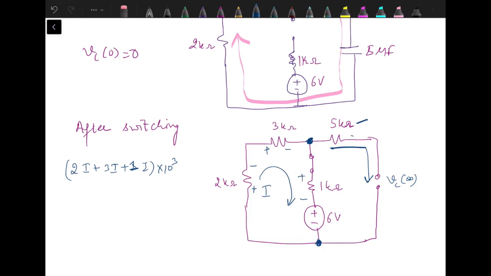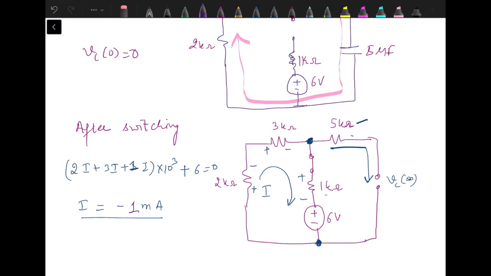All of them are multiplied by 10 raised to power 3 because of kilo ohm. Then plus 6 equal to 0. So this will give us the value of I as minus 6 milliamperes. Sorry, not minus 6, minus 1 milliampere. It's minus 1 milliampere.